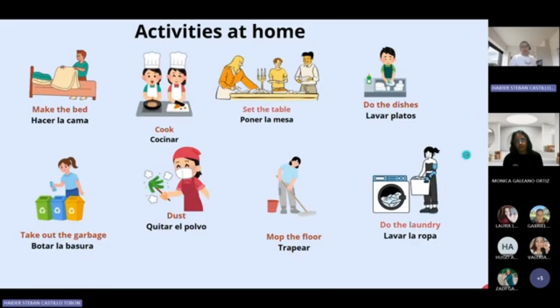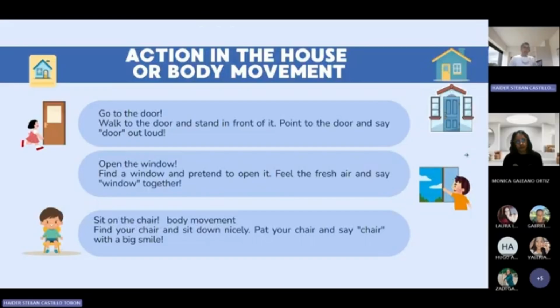En la siguiente presentación vamos a poder visualizar las acciones que podemos hacer en nuestra casa o el movimiento que podemos hacer con nuestro cuerpo directamente. Dentro de la casa se presentan otro tipo de escenarios. Por fuera del ejercicio de abrir o cerrar la puerta, se está haciendo un ejercicio que es walk, walk to different side. Por ejemplo, se está caminando hacia un punto o una dirección.